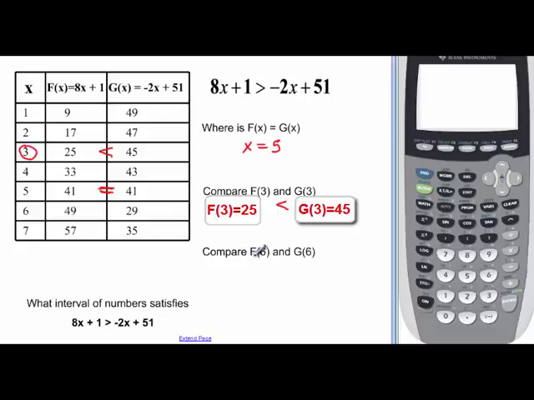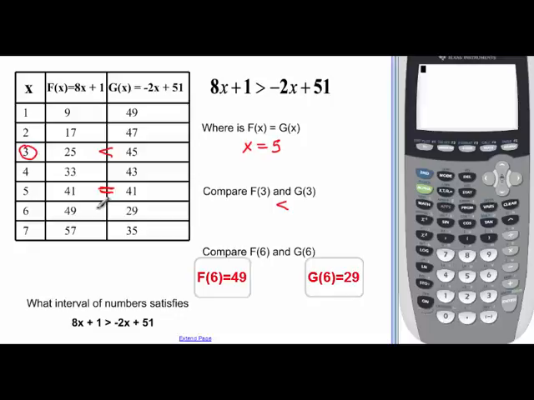Now it asks me to go on the other side of my equal sign and look at x equals 6. So f of 6 is 49, g of 6 is 29. So now f of 6 is bigger than g of 6. So it's greater than. So what intervals of values satisfy the inequality where f of x, 8x plus 1, is greater than g of x, negative 2x plus 51?